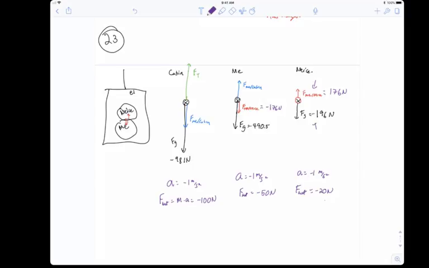Since that's 176 newtons pointing downwards, this one plus this one plus this one have to add together to get minus 50. So that's 490.5 minus 176, so this one has to be 616.5 newtons. Yep.